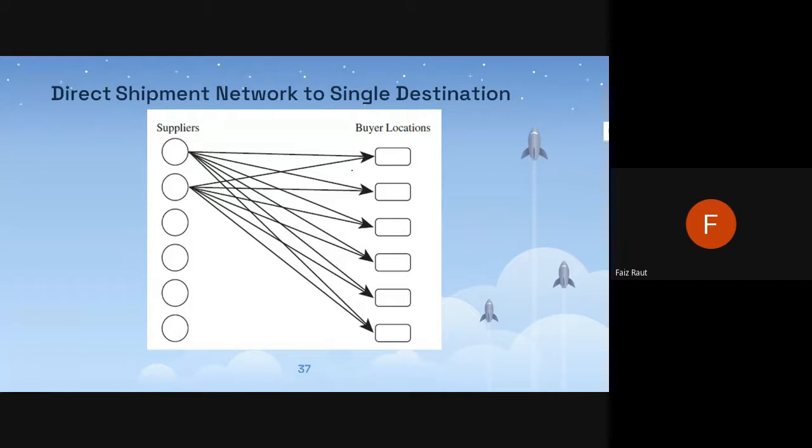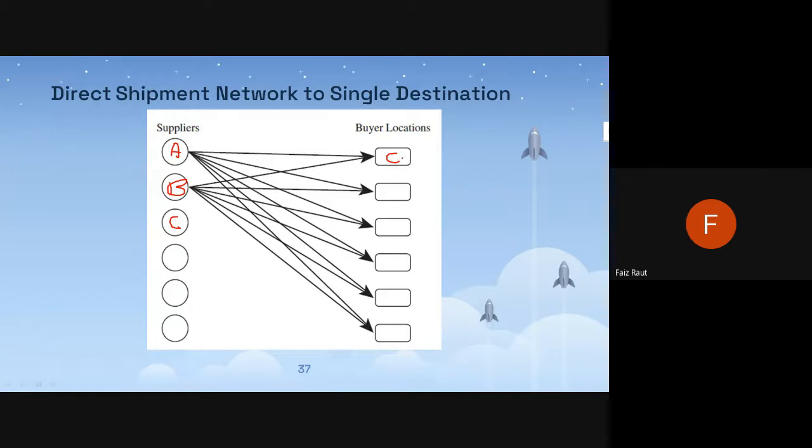Then direct shipment network to single destination. How is it? There may be suppliers A, B, C, but if we draw all of them it will be very messy, so just consider one or two suppliers. There is a supplier, there is a customer.